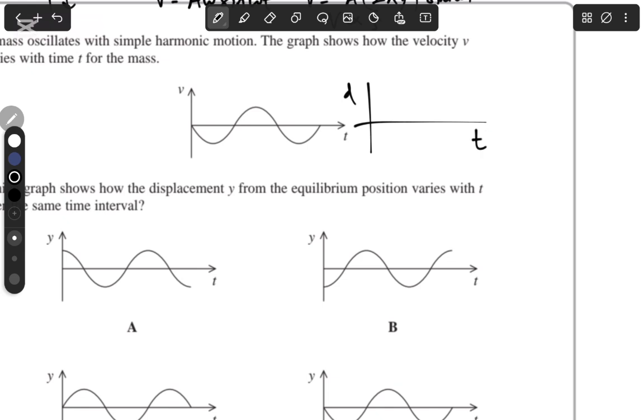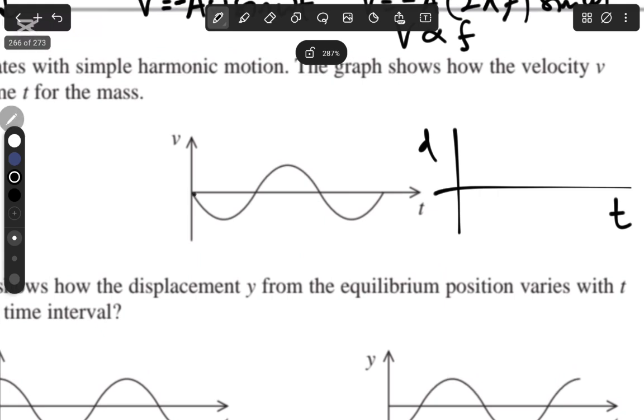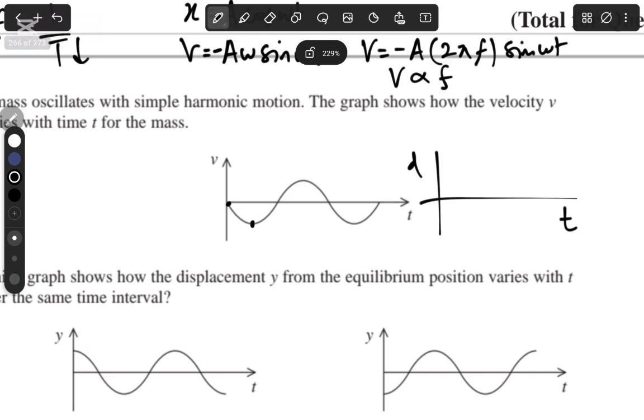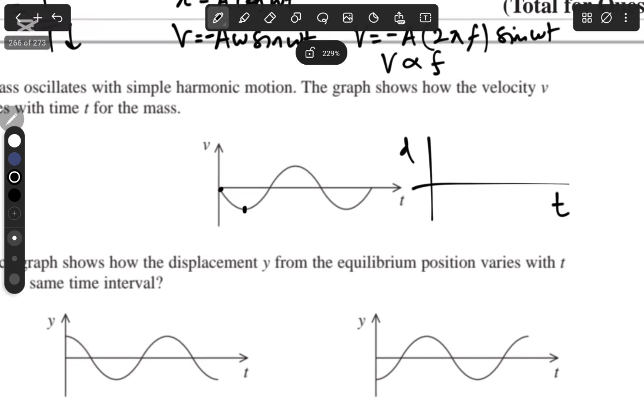So our gradient is going to be 0, so we're going to start with 0, and then our gradient will go from 0 to here. This is going to be our gradient, so our gradient will be negative. It will be something like this. It will go from 0 to negative, and then it will decrease to 0 again.